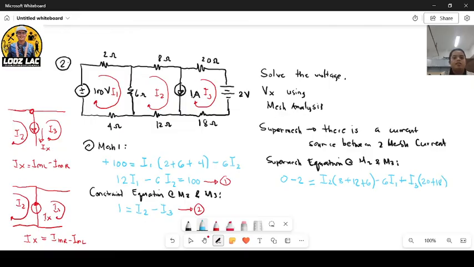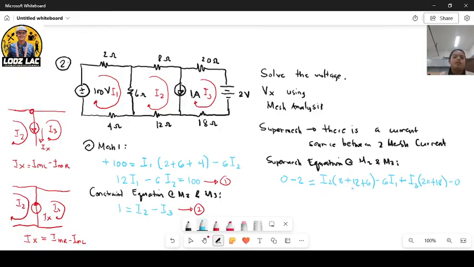Since there is no resistor opposing, walang nag-oppose kasi current source. But if there is a resistor, a loop here or a mesh here, you can subtract I4. But since only 3 mesh currents, there is no opposing, so wala kang ilagay dito. But you can put here 0 or minus 0 or wala na lang.